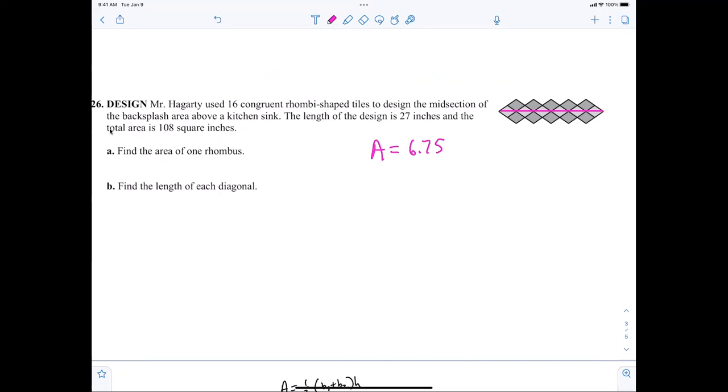Well, we know this is 27, correct? So how many rhombi does that go through? 6. So diagonal 1, we could say, is equal to what? How much? I didn't hear you still. Somebody said 4.5.